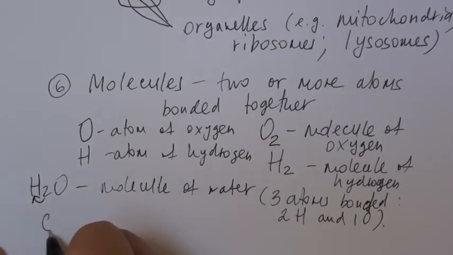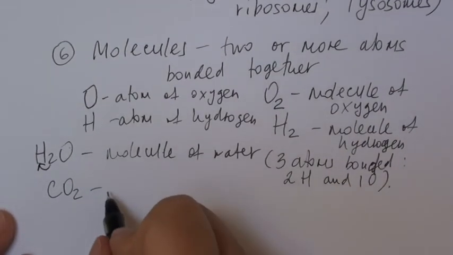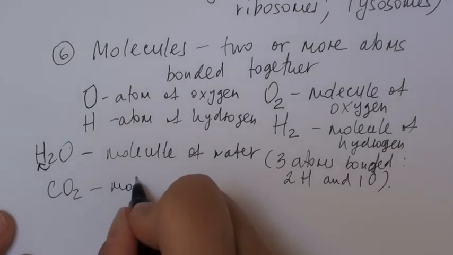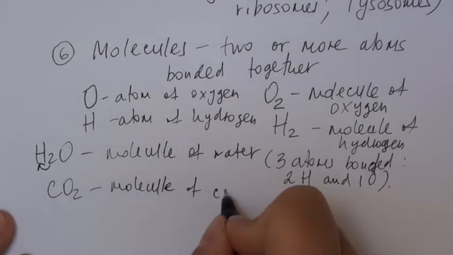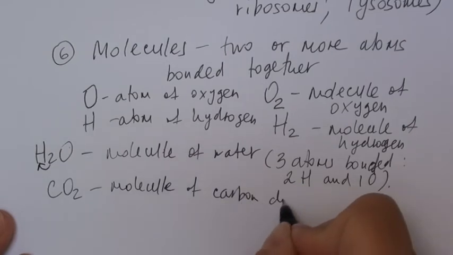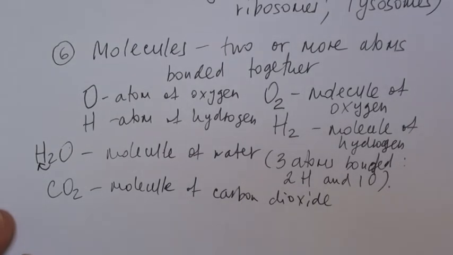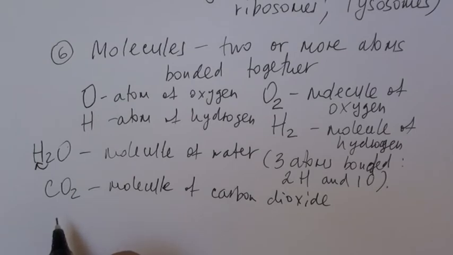One more example. This one, what's that? CO2, okay? I hope, again, something you could name. So this is a molecule of carbon dioxide. Again, how many atoms are there? CO2.